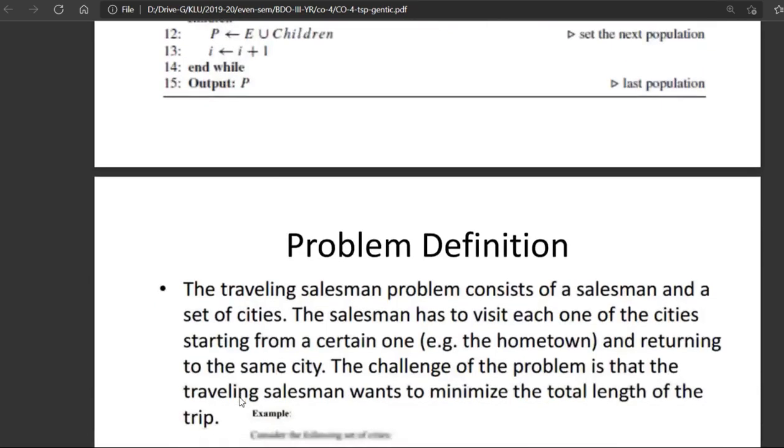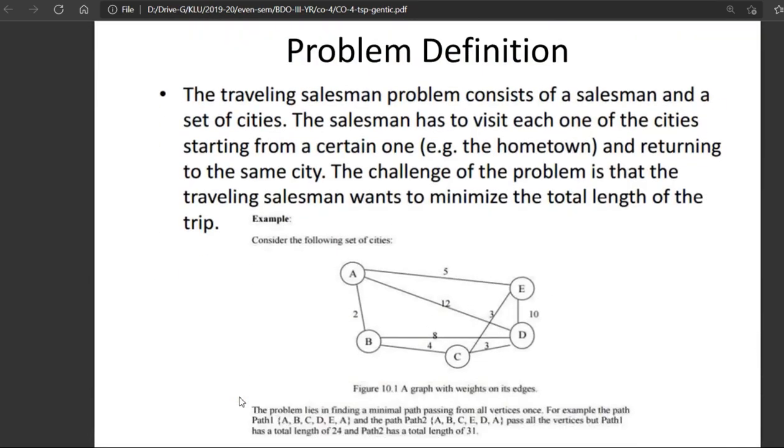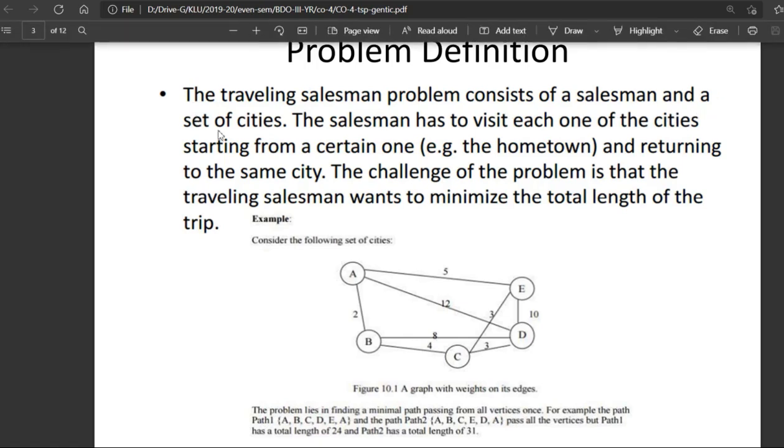Let us rewind. What is the actual problem definition of the traveling salesman problem? The traveling salesman problem consists of a salesman and a set of cities.